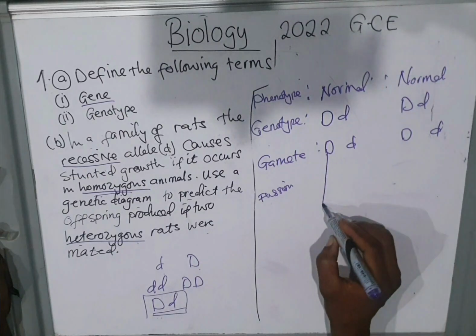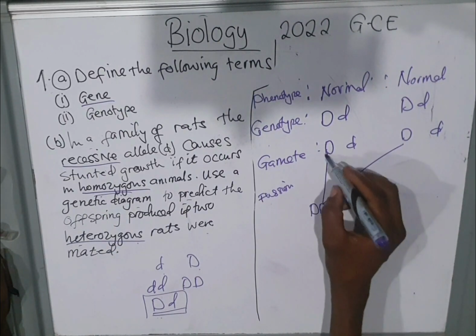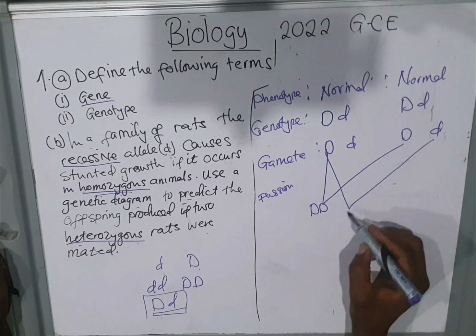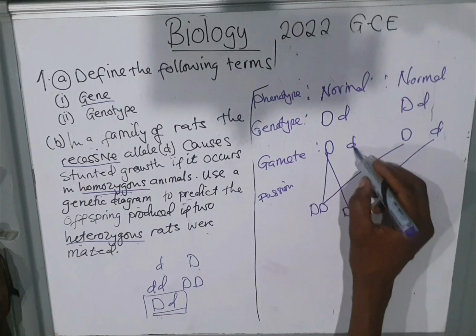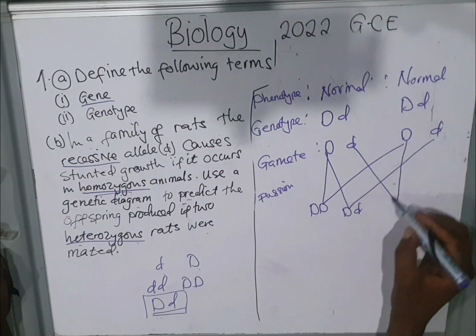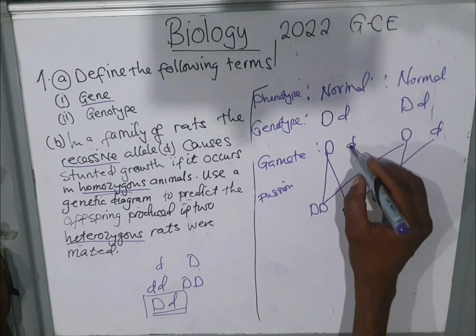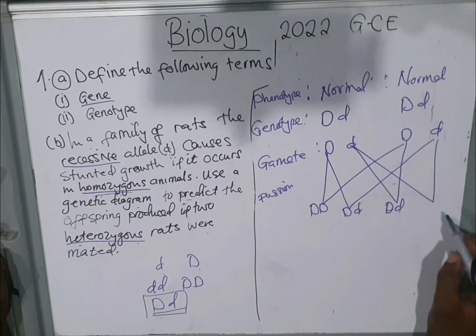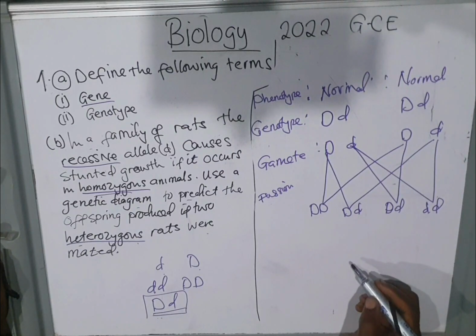The first one, you multiply with the first one, we're going to have capital D, capital D. The first one with the second one, we're going to have capital D and small letter d. Now we're done with this, we go to that one. We always start with a capital D, remember: capital D and small letter d. And this one, we're going to have small letter d and small letter d.